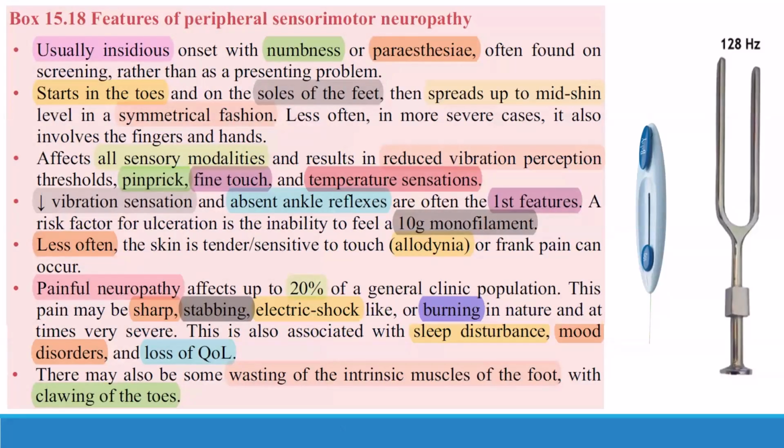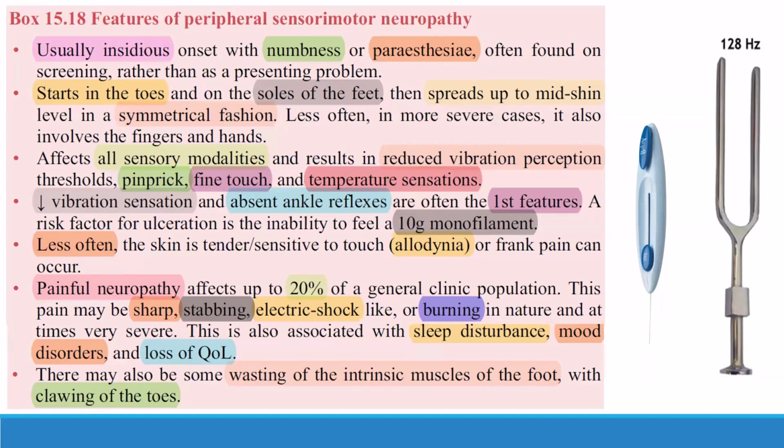Less often, a manifestation is allodynia, or frank pain can occur. Painful neuropathy occurs in only 20%, sharp, stabbing, electrical shock-like, or burning in nature, and it causes sleep disturbance, mood disorder, and loss of quality of life.